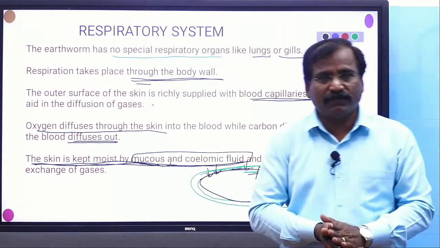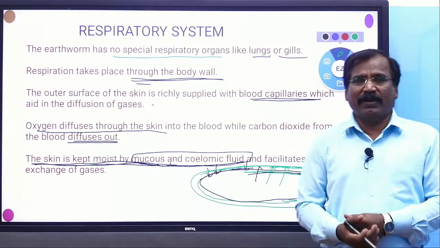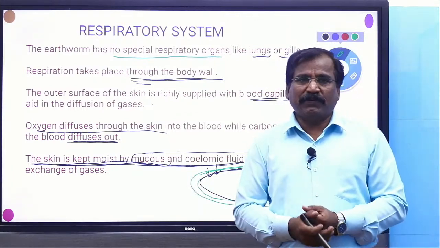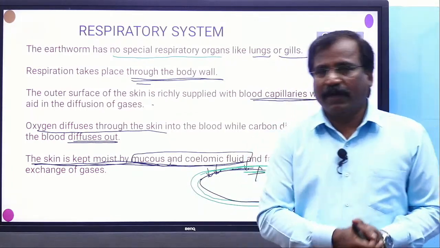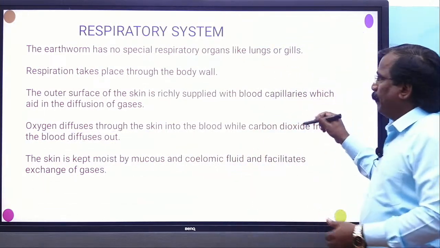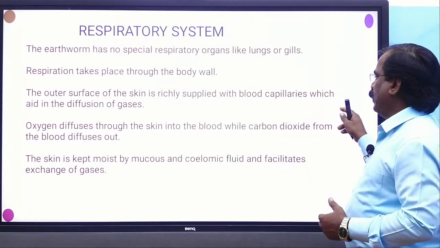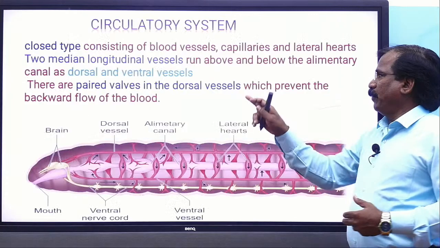So this is the respiratory system of the earthworm. Otherwise, there are no specific, highly developed organs for respiration. That's all. It is very simple.